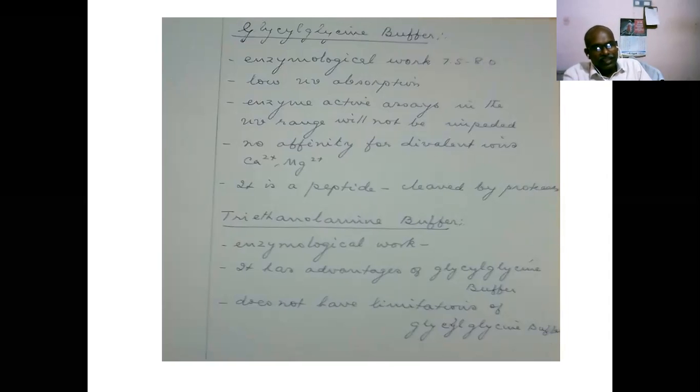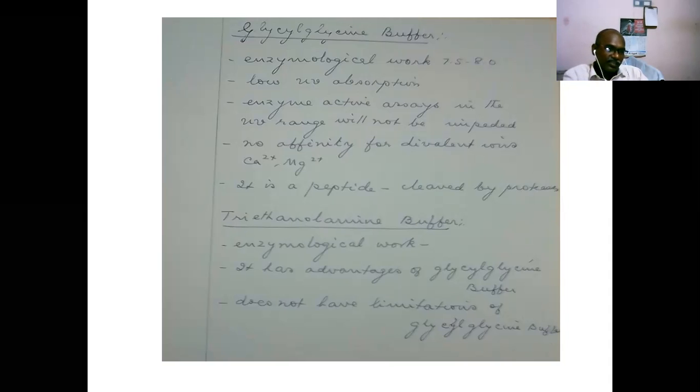The buffering range is between 7.5 and 8.0, and it shows very low UV absorption. Enzyme assays in the UV range will not be impeded, and it has no affinity for divalent ions such as calcium 2 plus or magnesium 2 plus. So these are all the important characteristics of a glycyl glycine buffer.